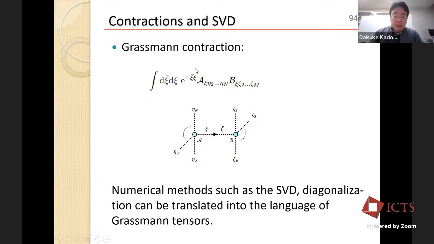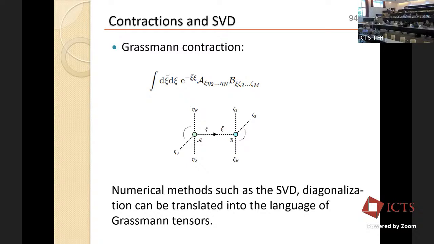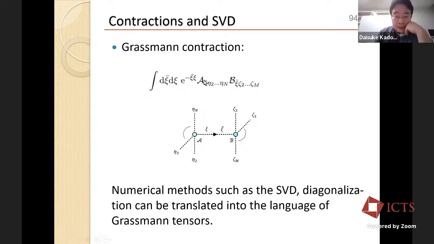Diagrammatically, this contraction is expressed by this diagram. And the Grassmann contraction has a direction, so the arrow is used here. It's taken from theta to theta bar, so it has a direction.